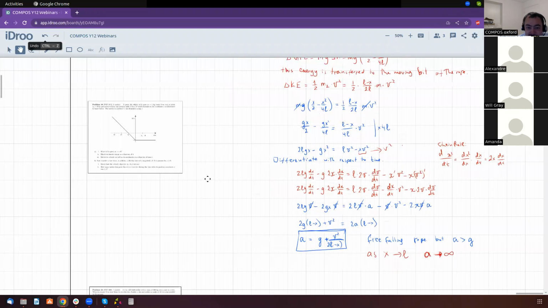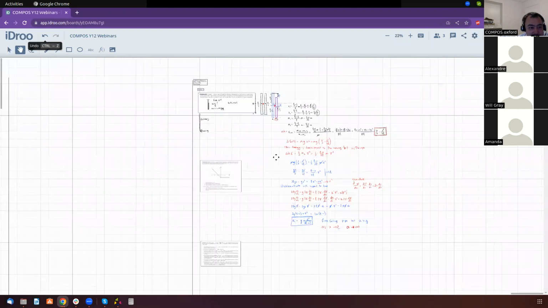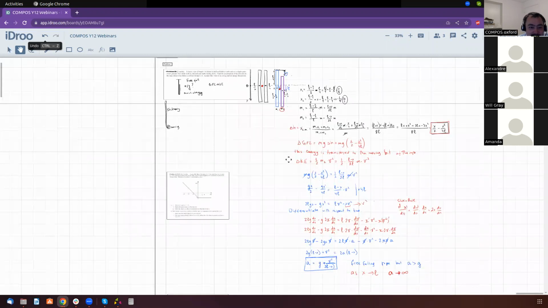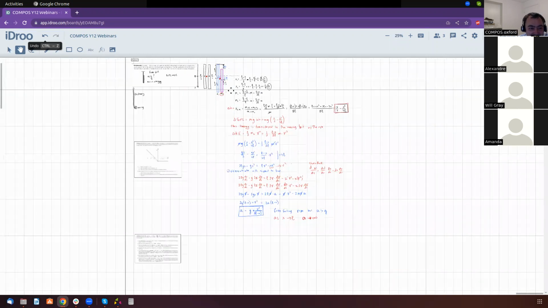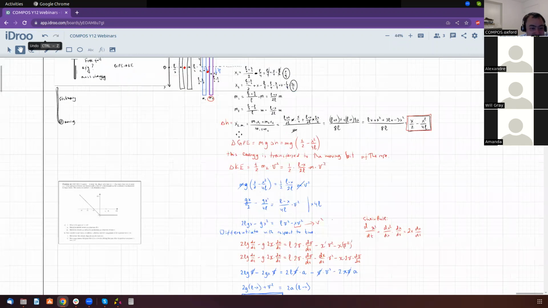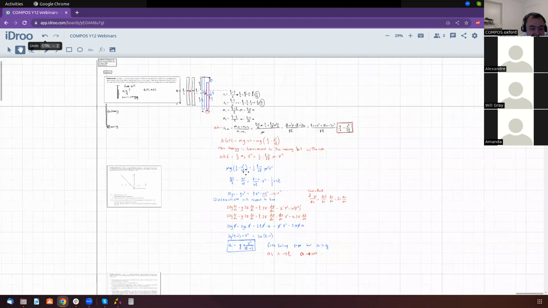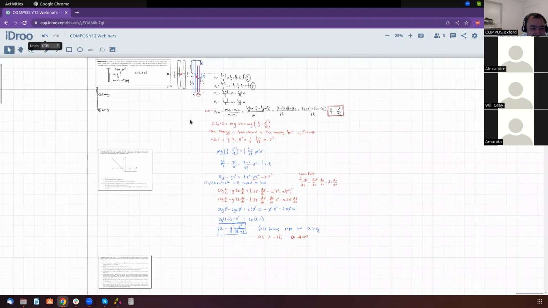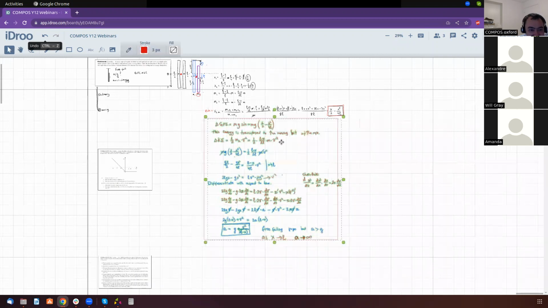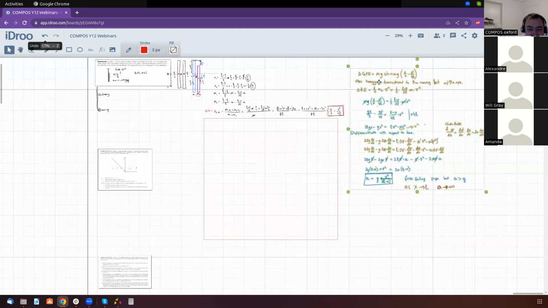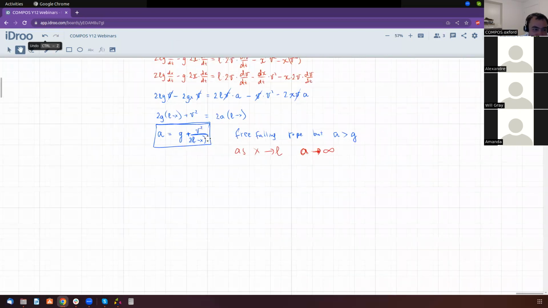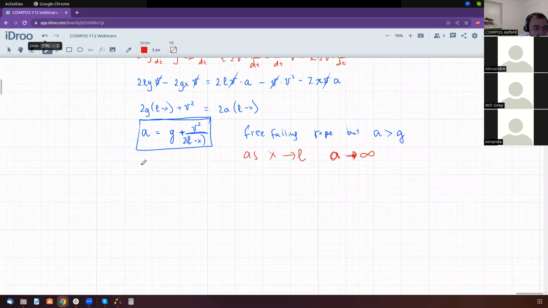Right. I don't know about you, but I find this problem really fascinating, because there are so many things that are counterintuitive, such as the acceleration being greater than g in free fall. I'll just move this here. And just, this is not the answer.